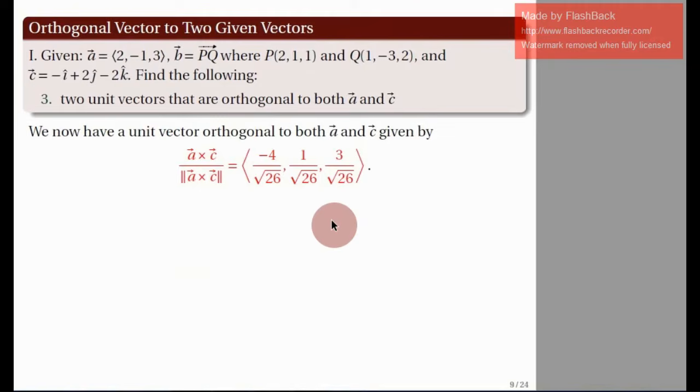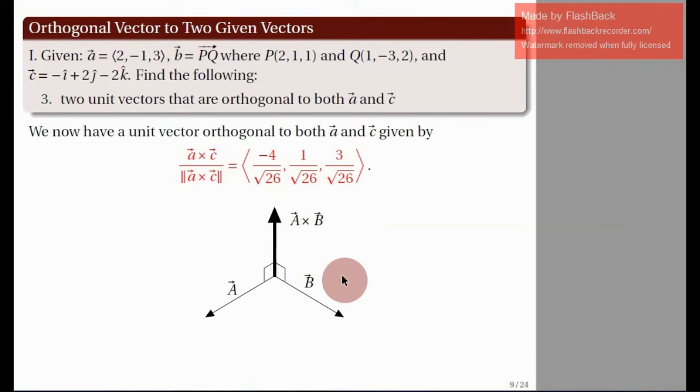Now, we're almost done, but notice in our item, what we want are two unit vectors. We just have one. So where will we get the other vector? What we know so far is that the cross product between two vectors is orthogonal to the first two given vectors.